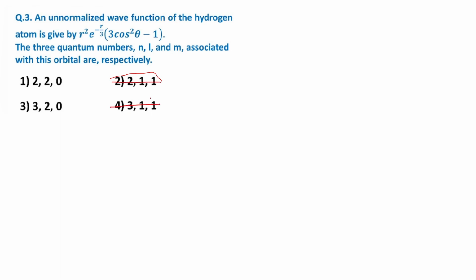Okay. Now next, how to get the value of n. You don't have to remember the Laguerre polynomial, the actual solution of that. In the radial part you get something like z r by n a.